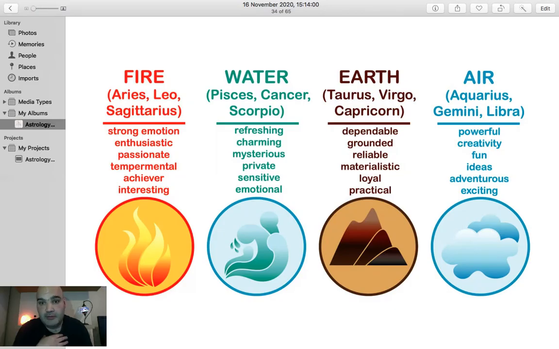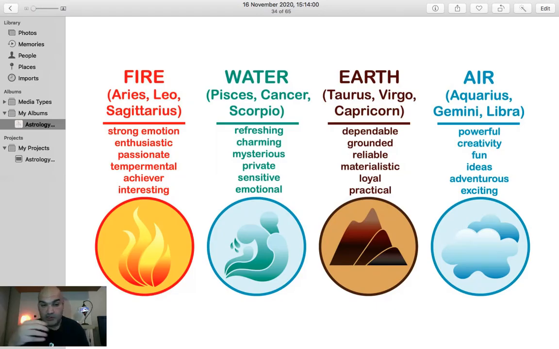The earth element are the signs of Taurus, Virgo, and Capricorn, and they are dependable, grounded, reliable, materialistic, loyal, and practical. And finally, the air signs are Aquarius, Gemini, and Libra, and they are powerful, creative, fun. They have ideas, they're adventurous, and they're exciting.